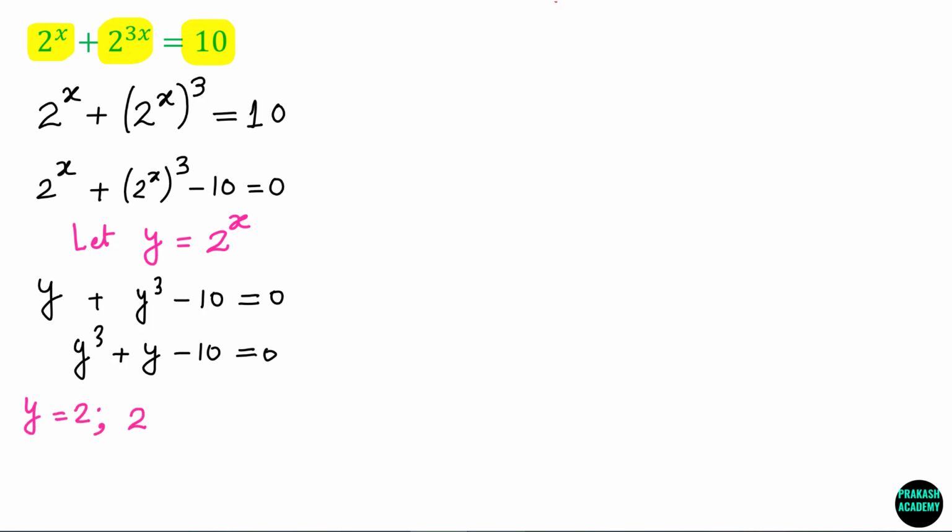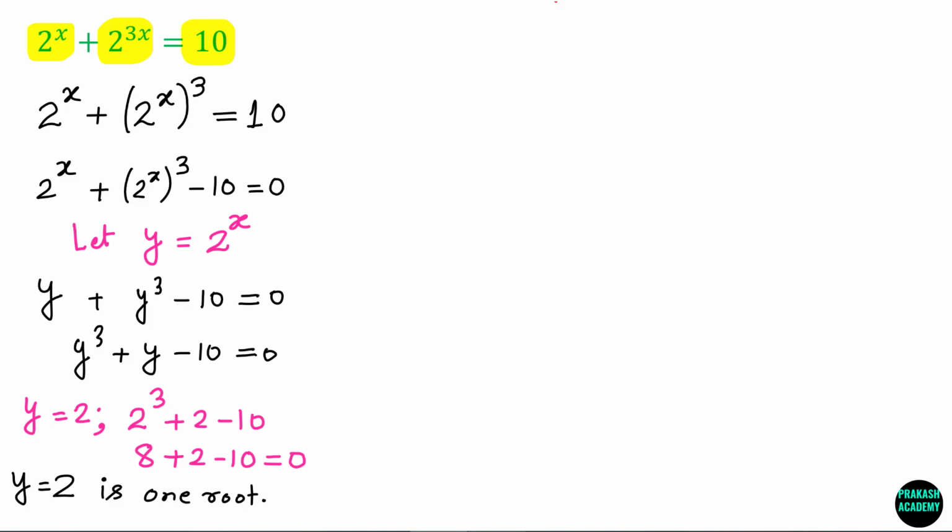I will have 2 cube plus 2 minus 10, which is 8 plus 2 minus 10, which is exactly 0. This means 2 is a solution of this equation. So I can say y is equal to 2 is one root of this equation.